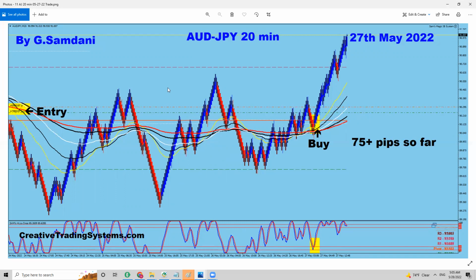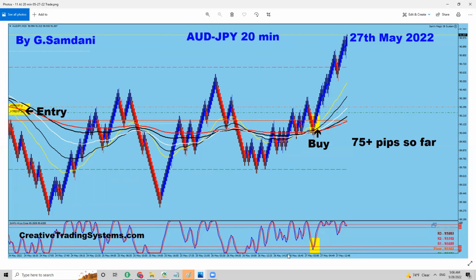And the other three pairs, USD yen, USD franc, and USD CAD, will go down with the weakness in USD. USD franc, I don't trade. USD CAD, I wasn't actually watching that pair this week. So USD yen gave me this short and I took it. That's how it is. It's probably going to continue next week.